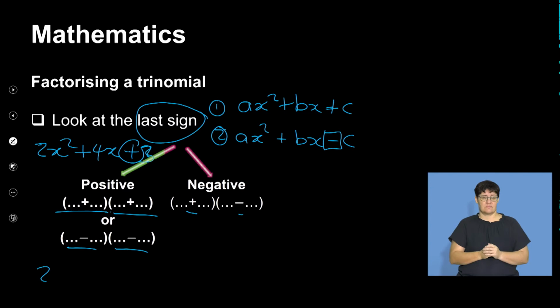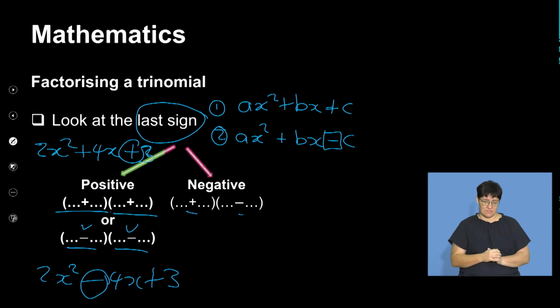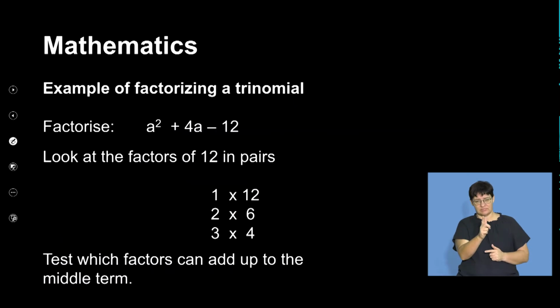If I have 2x squared minus 4x plus 3, the last term is still a plus, but now what has changed is the middle term. The middle term is now a negative, so that makes my two brackets minus and minus instead of a plus and a plus. But at a later stage, we're going to look at examples in great detail.